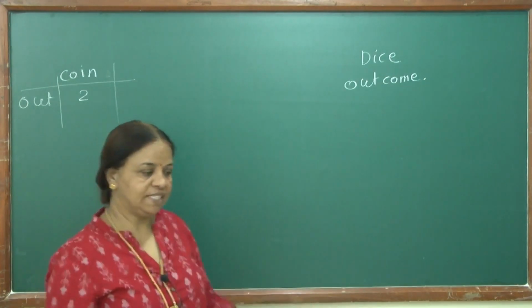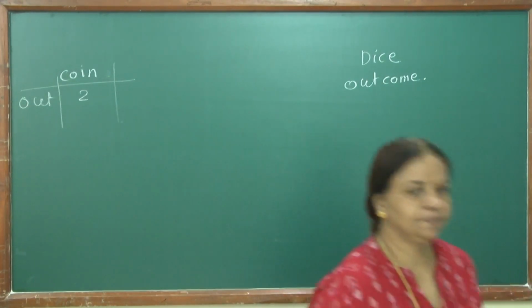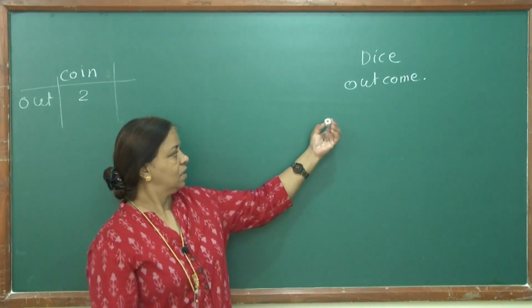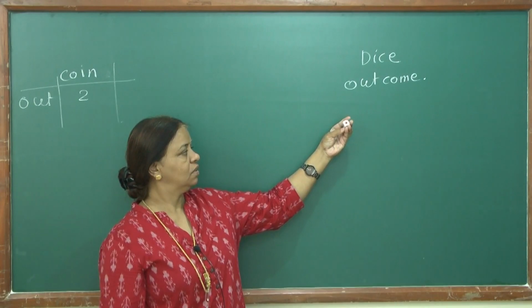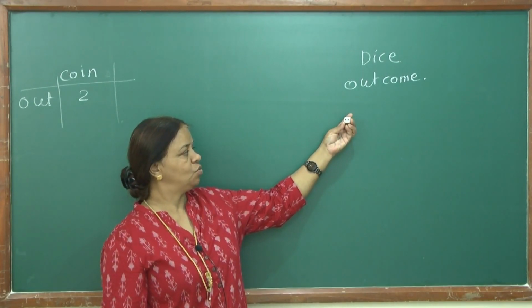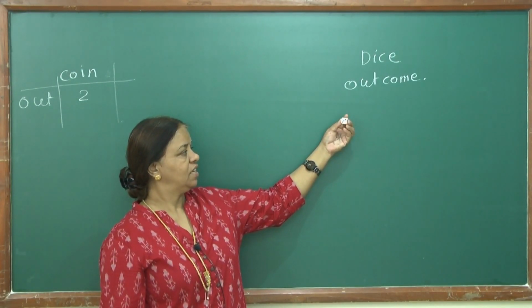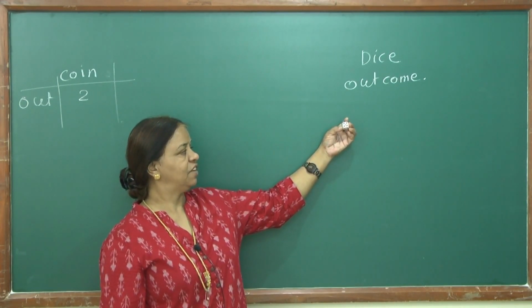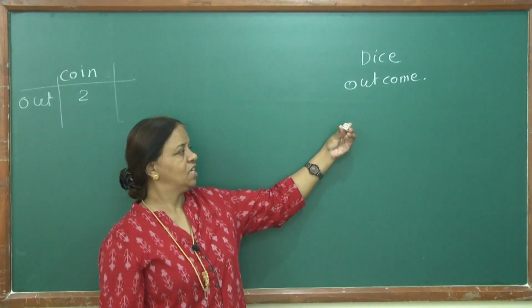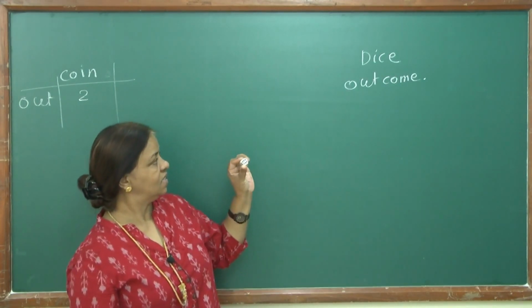I can show you once again. I hope you can see one face which has 1 dot, another face which has 2 dots, 3 dots, 4 dots, 5 dots and 6 dots. So there is the outcome.